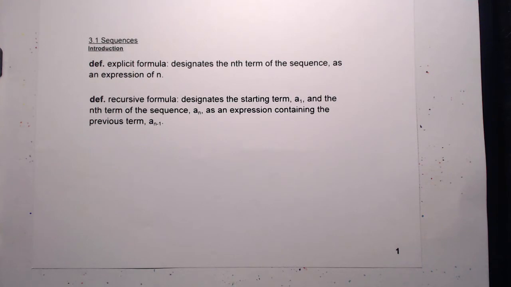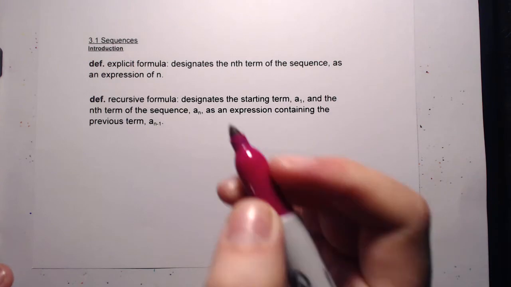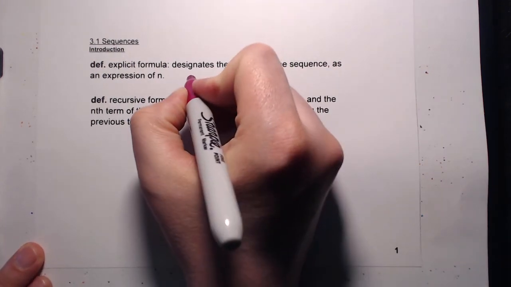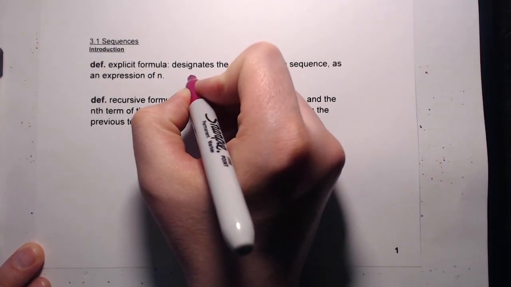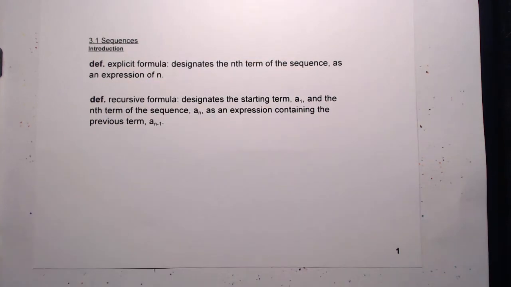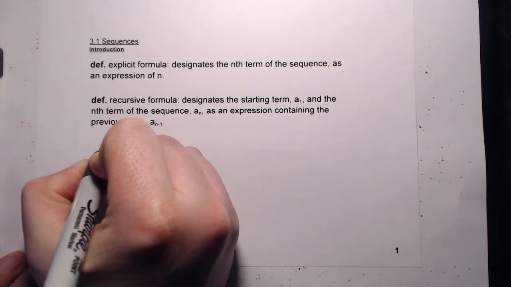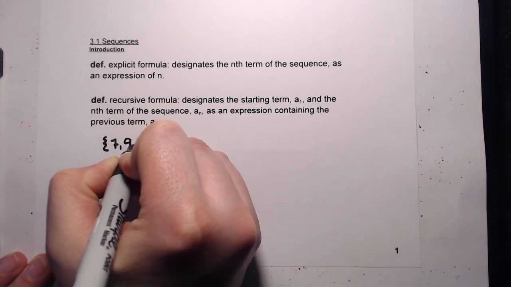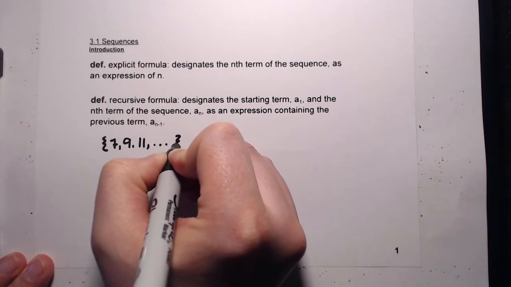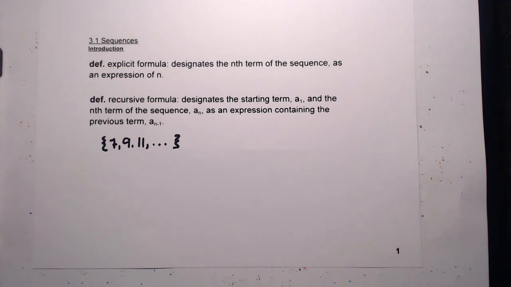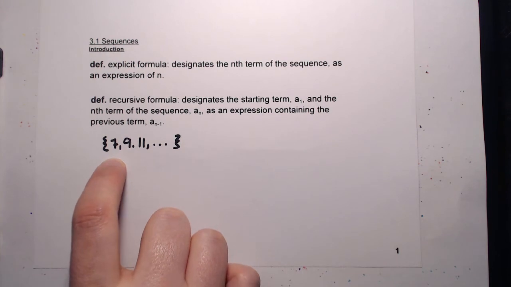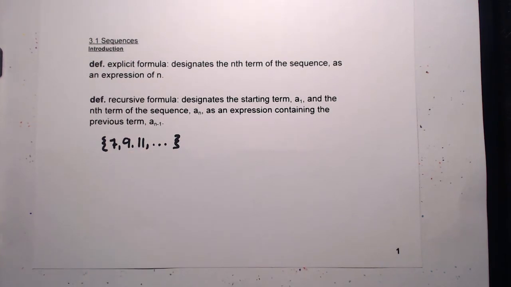So, for example, if I wanted to use what we were looking at before, then my first term is going to be that 7, and then each time I'm just adding 2.